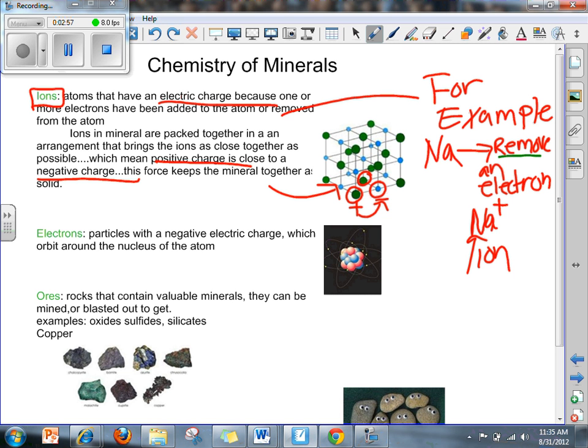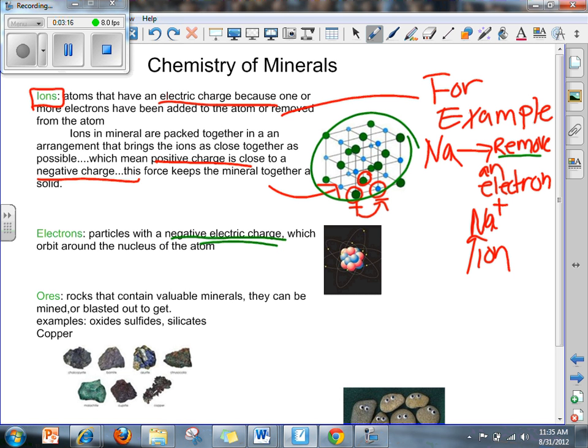Now, I've been talking about the removal of an electron or the gaining of an electron to give us this structure right here. Just to refresh your memory, if you did not already know, electrons are particles with a negative charge, which orbit around the nucleus of the atom.